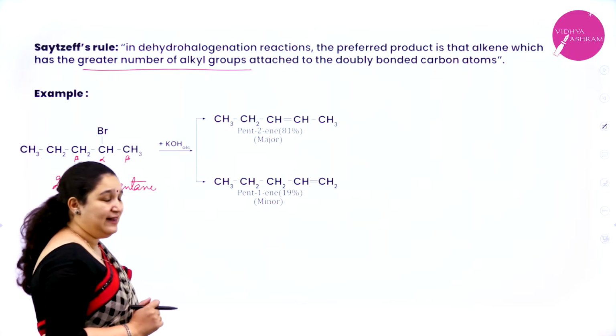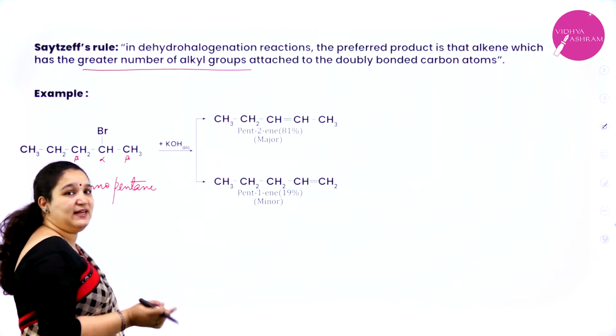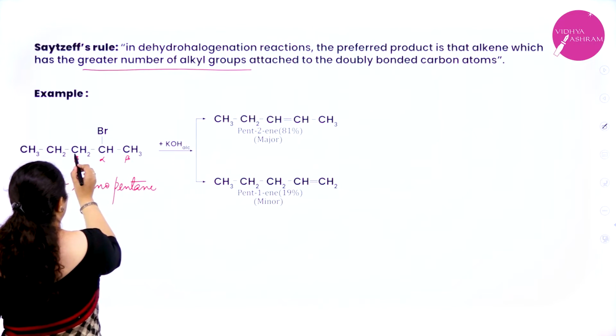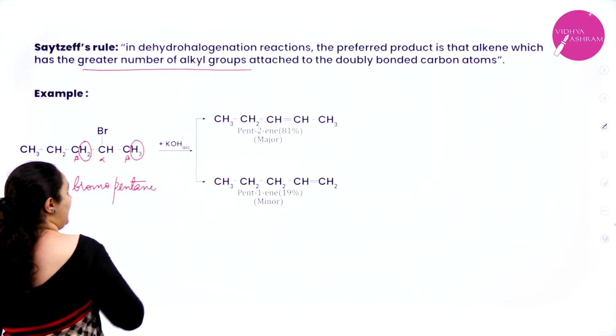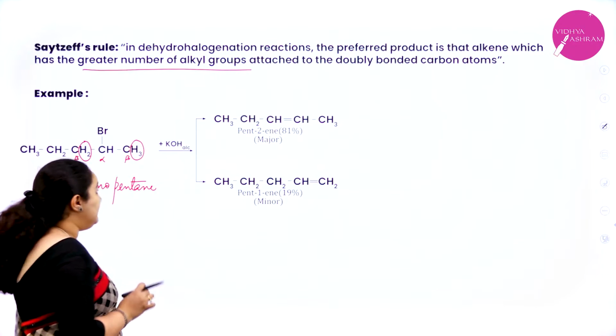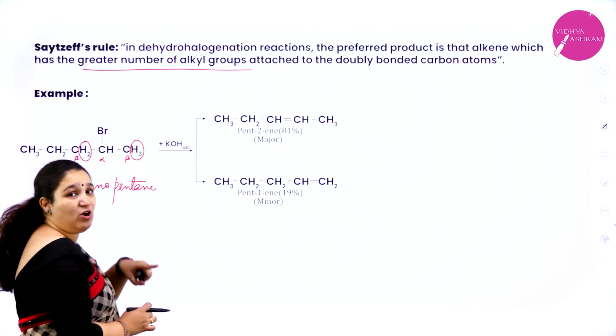Or I can tell that the hydrogen will be removed from the carbon atom containing less number of hydrogen. So here if you see, this carbon atom has 2 hydrogen atoms. Here this carbon atom has 3 hydrogen atoms. So the major product will be when the hydrogen is removed from the carbon atom containing less number of hydrogen.